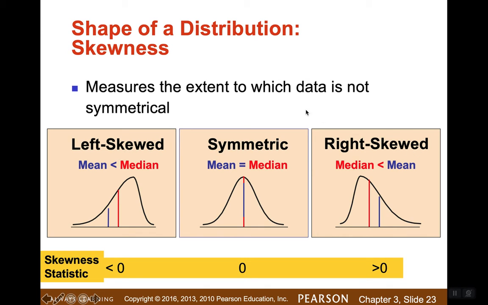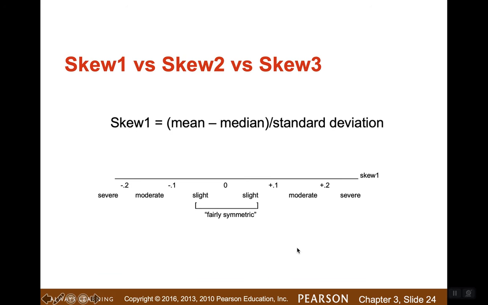It's really just a picture of what the shape looks like: we have more on one side than on the other. So not only do we have an idea of what the center values are, but also where all the data is. Is it on one side, is it on the other, or is it symmetric? From the statistic, if it's less than 0, it's left skewed, greater than 0, it's right skewed, and symmetric is 0.